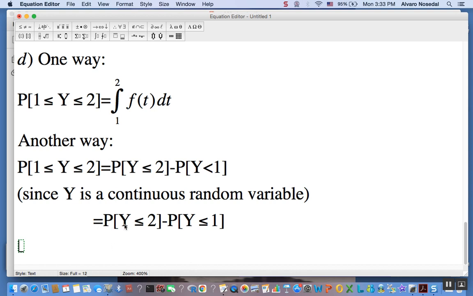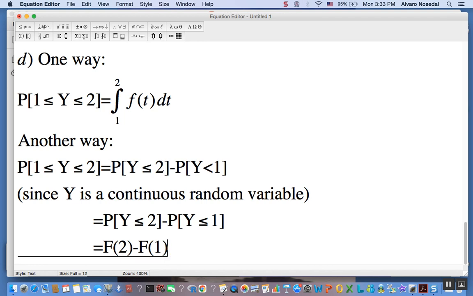The probability that y is less than or equal to 2 is precisely uppercase F evaluated at 2. You agree? And the probability that y is less than or equal to 1 is precisely uppercase F evaluated at 1.